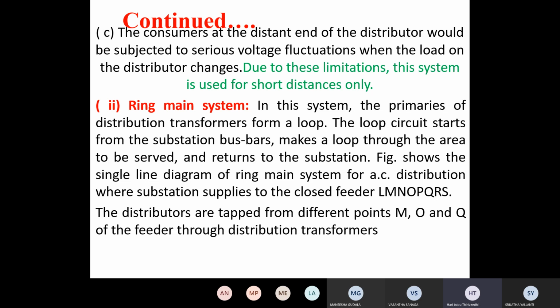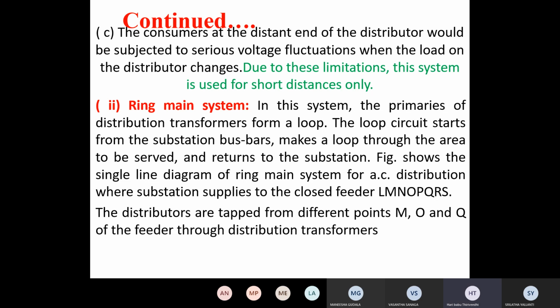That means it provides a loop. So if any problem occurs at one point, there is no problem for the other consumers. Only that consumer may face the problem.